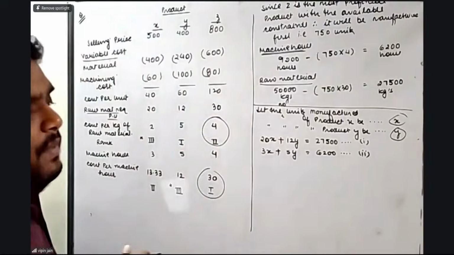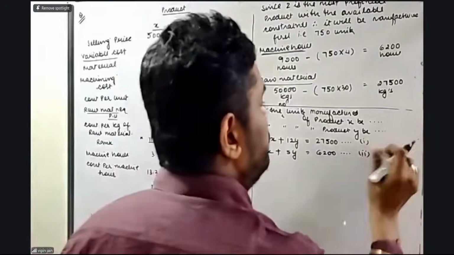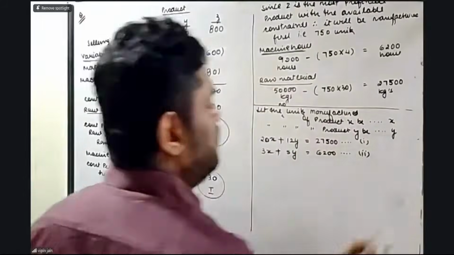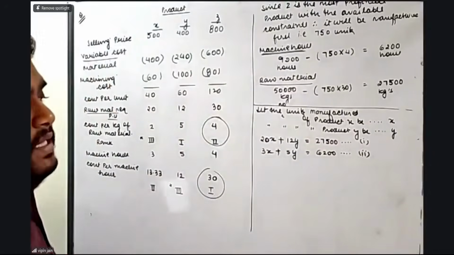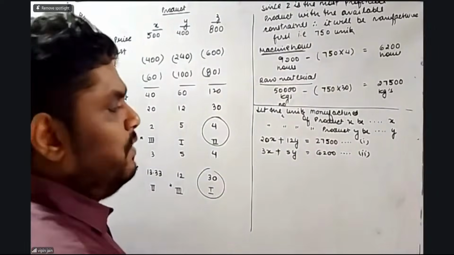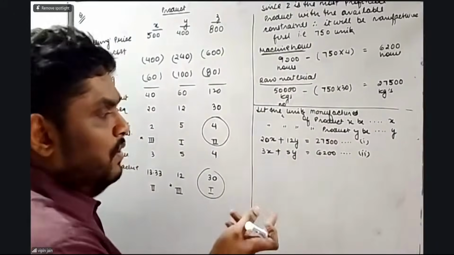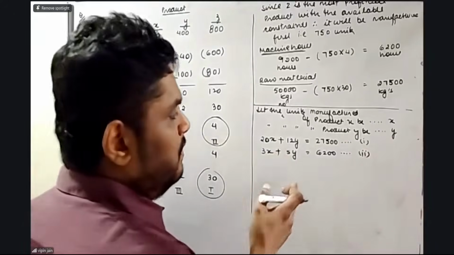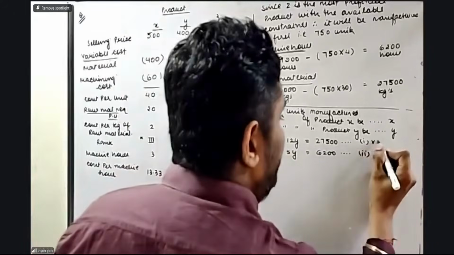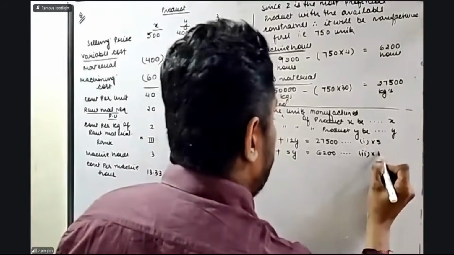So we are ready with the simultaneous equations now. We can easily solve them now. So let's equate it. Let's multiply this by 5 and multiply this by 12.